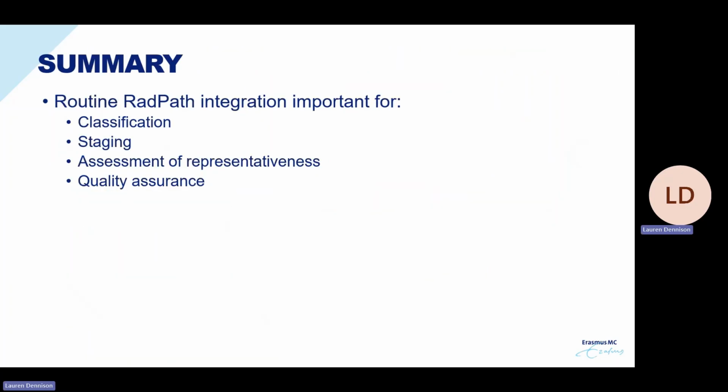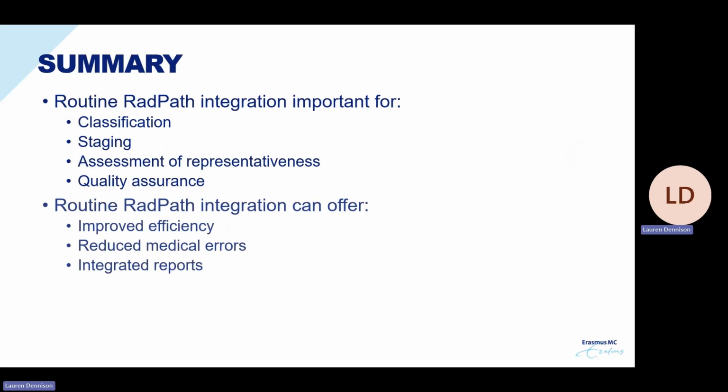So to summarize, routine radiology-pathology integration, as I've described, can be important for adequate classification and staging of tumors in the field of oncology, to assess representativeness and thereby also increase quality. It can offer, I think, improved efficiency if you use it in the right way, reduce medical errors, I think that's important, and also produce integrated reports.